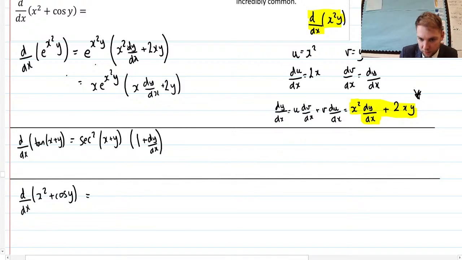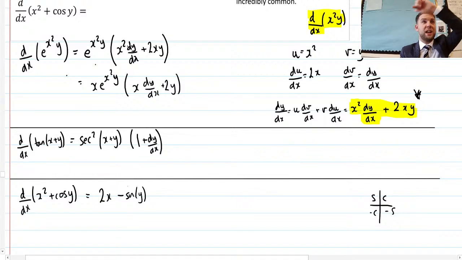So first thing, I'm going to think about the fact that if I'm differentiating sine and cos, it's like this. So if I differentiate the x squared first, I end up with 2x. If I differentiate the cos y, now, because it's y, I've got to do the chain rule. So differentiate the cos first, which is going to be, well, cos differentiates to minus sine actually, so minus sine of y.